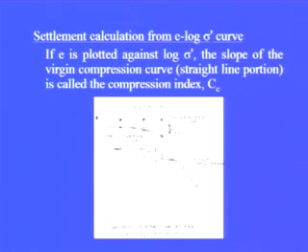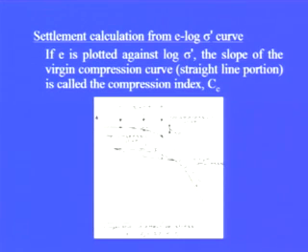This particular data which we obtain from the consolidation test can also be plotted in different form, in the form of e versus log of sigma dash curve, and one such curve is shown here. Now from here, when we start that consolidation test at different sigma dash, we obtain value of e and we keep on plotting these values.